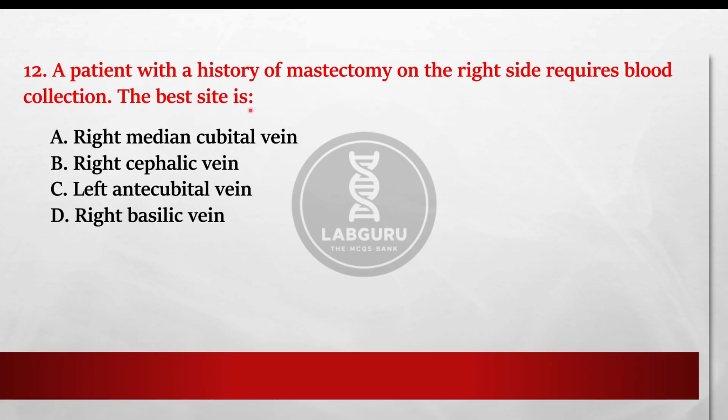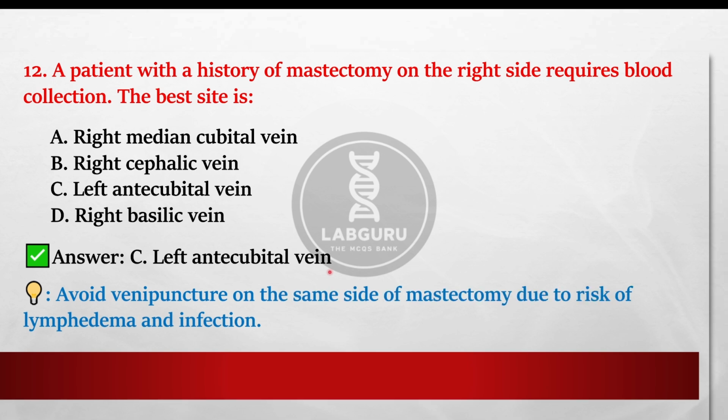The options are right median cubital vein, right cephalic vein, left antecubital vein, and right basilic vein. So the right answer is option C, left antecubital vein. Why? Because we have to avoid venipuncture on the same side as the mastectomy due to the risk of lymphedema and infection. She had a mastectomy on the right side, so we are choosing the left antecubital vein.